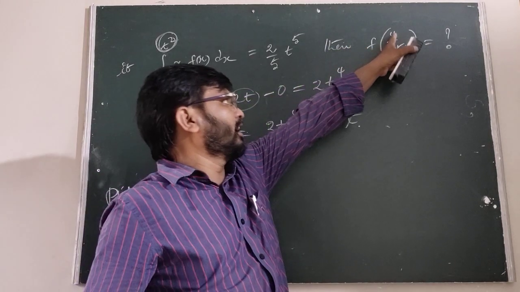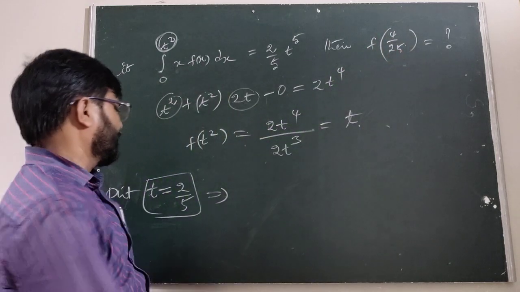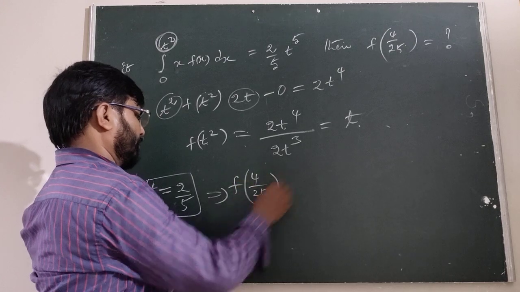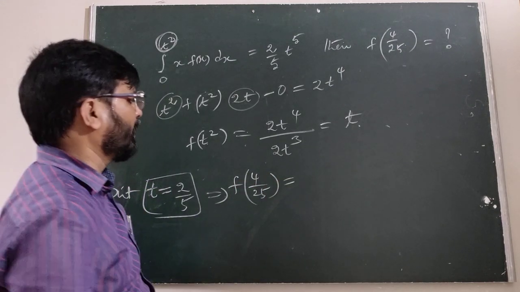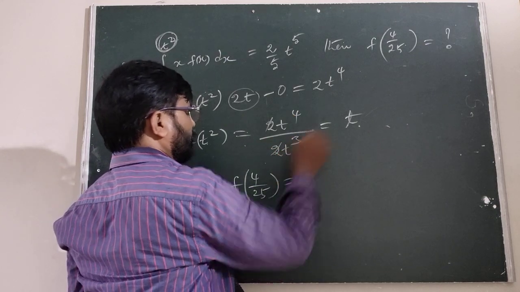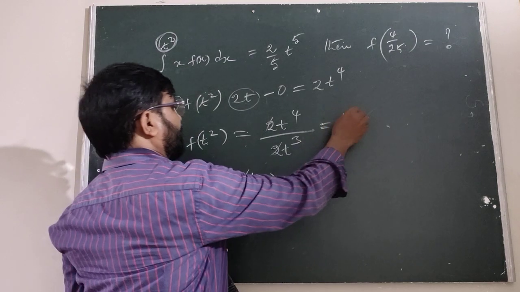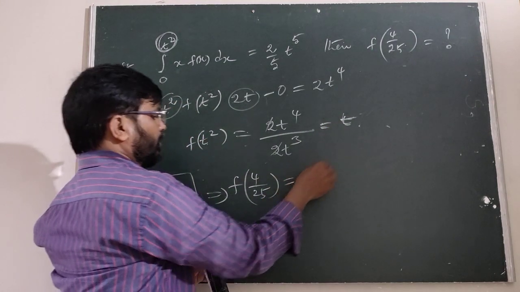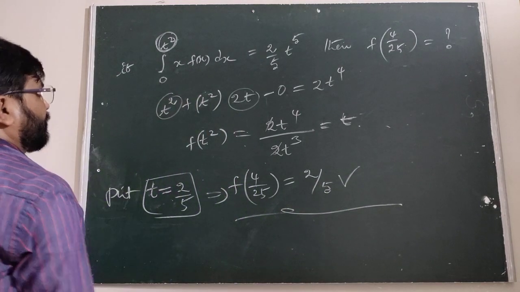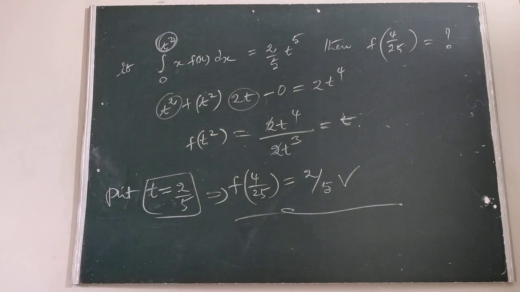We have to find the value at 4 by 25 only. Then f of 4 by 25 equals, 2 cancel, the remaining is only t. T is 2 by 5. This is the answer. The 2 by 5 is the answer. Is it clear?